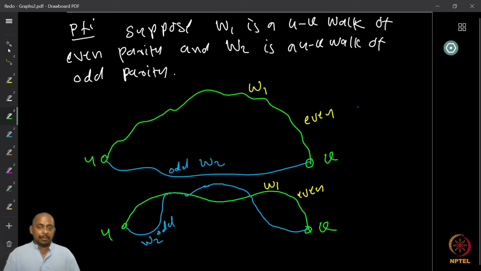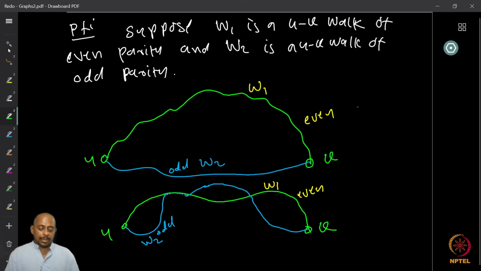The walks may be intersecting, may not be intersecting. We don't care whether they intersect when we are talking about walks, because a walk can intersect itself. So I have a walk W1 from U to V, and then there is an odd walk from U to V, which is W2.